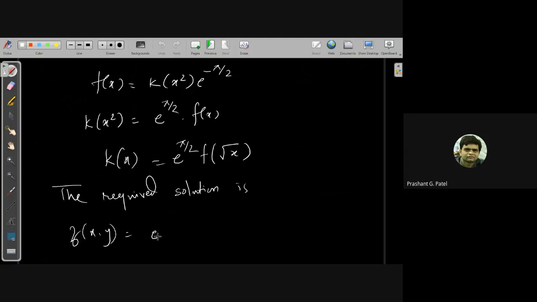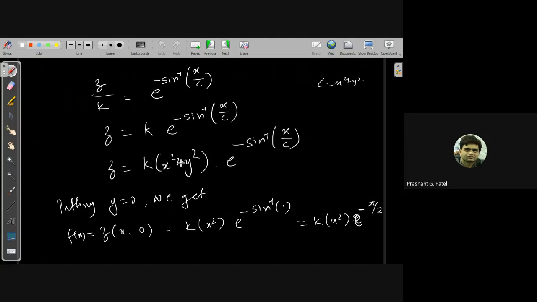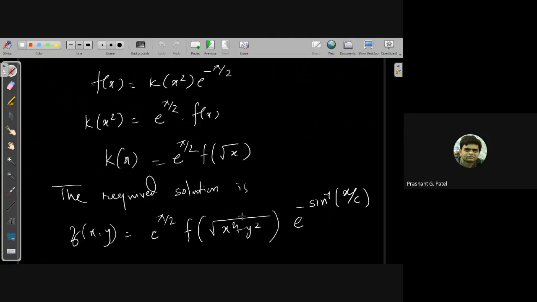So it is e power pi by 2 f of square root of x square plus y square e power minus sine inverse of x by c. It is our answer. That is the value we have, e power minus sine. So this is our final answer that we have.